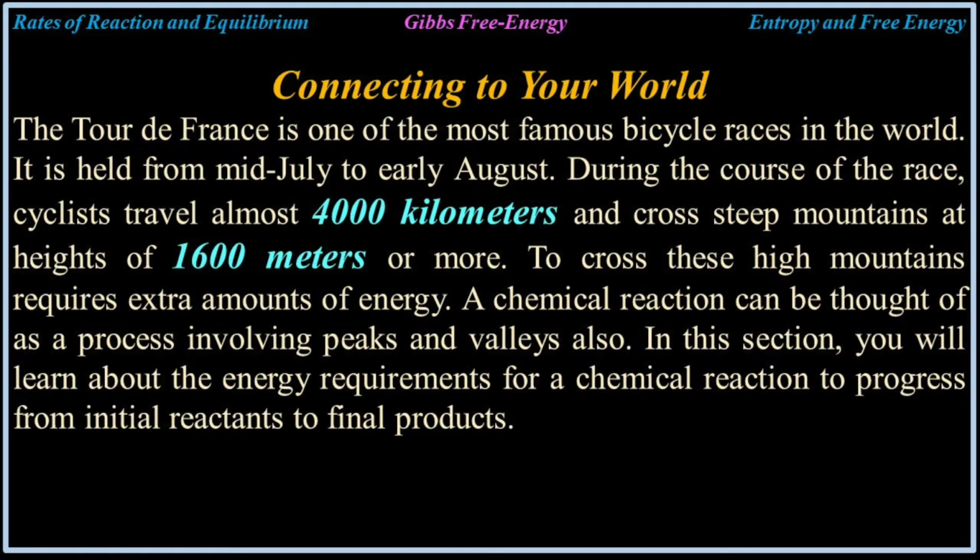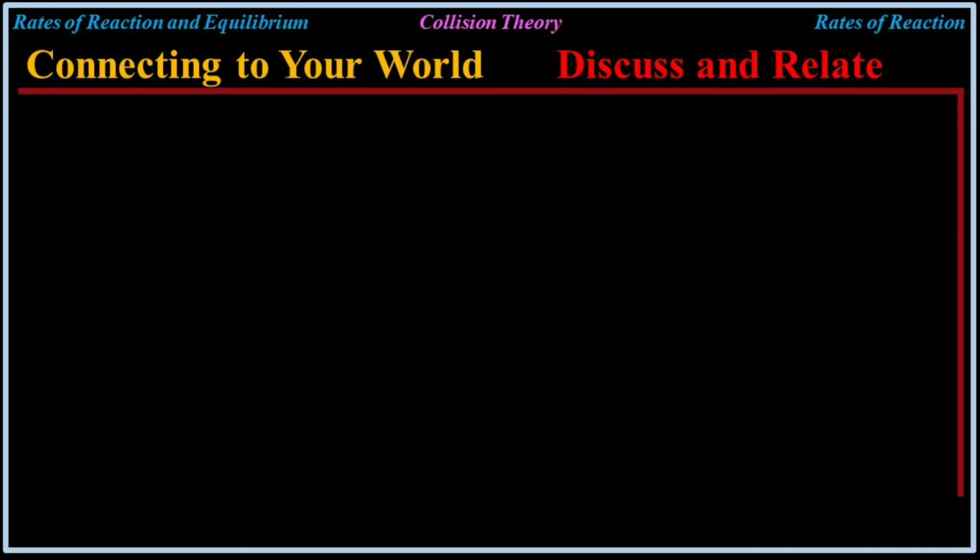A chemical reaction can be thought of as a process involving peaks and valleys also. In this section, you will learn about the energy requirements for a chemical reaction to progress from initial reactants to final products. Connecting to your world.